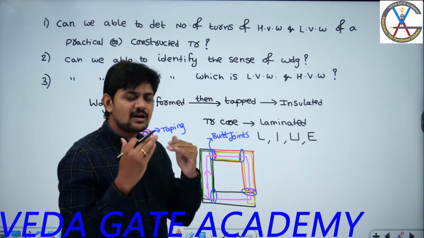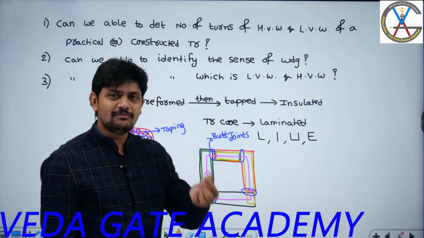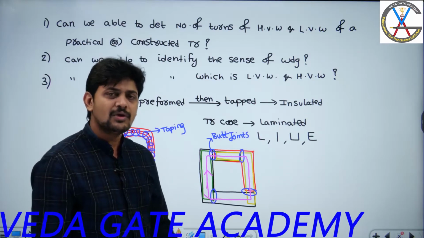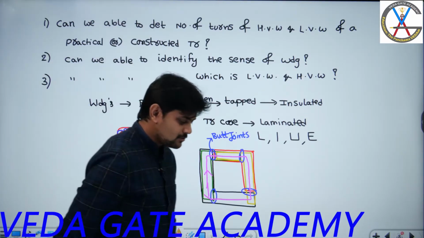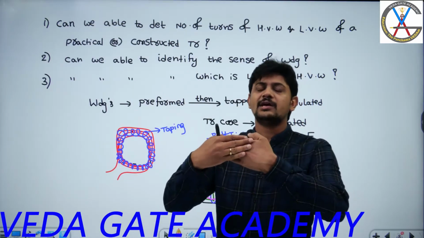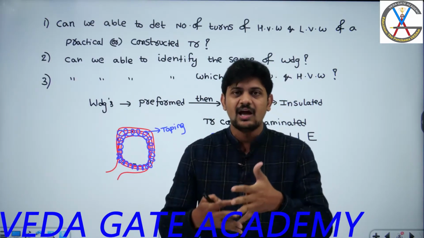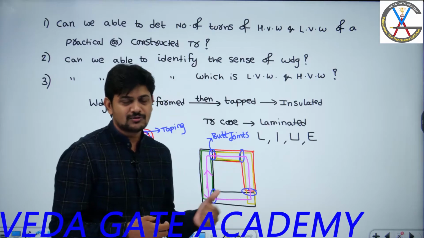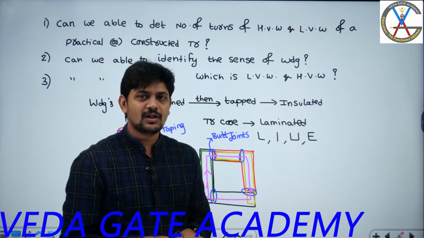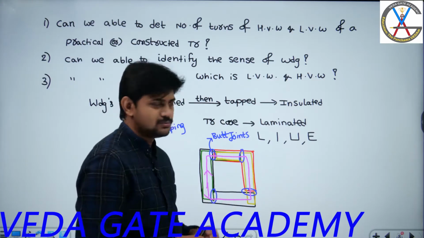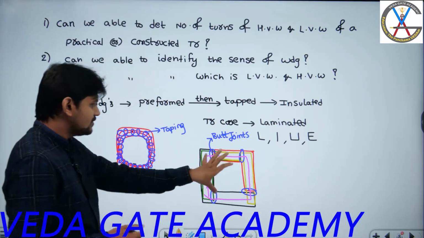So in general, we always have to design the transformer with minimum air gap or without air gap in the transformer core. So that is the reason. What are the two purposes of boot joints? In order to tightly rivet or tightly bunch the laminations, we are going to use boot joints, as well as to reduce the overall reluctance for the flow of flux, we are going to use these boot joints.